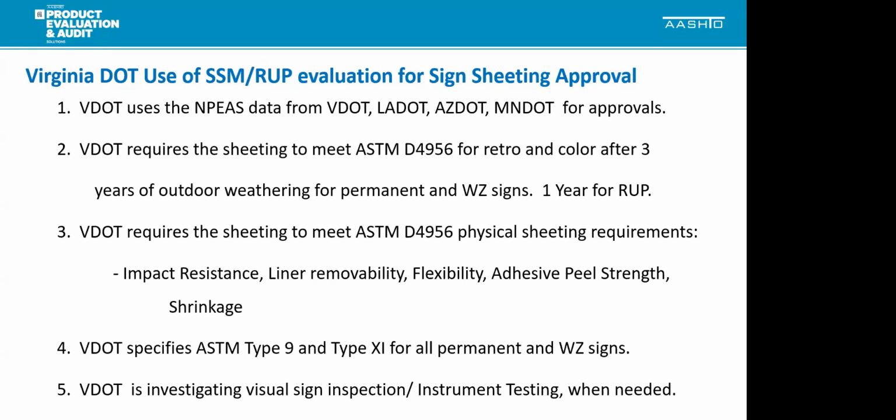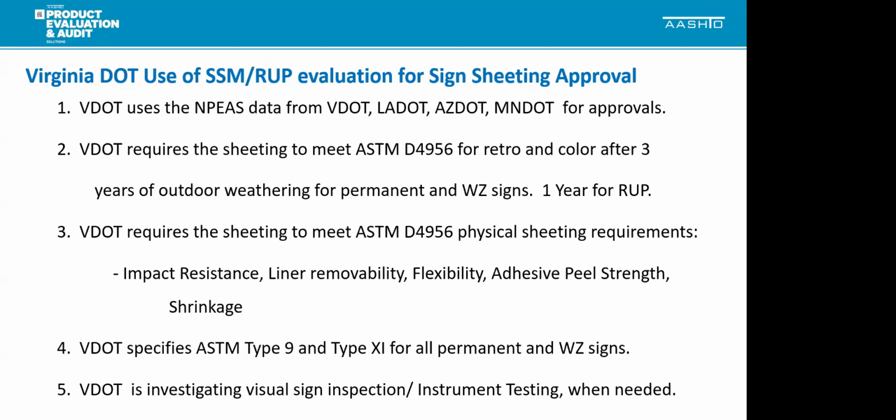Those are our main official test sites because we want to see how well this sheeting is going to do in many climates. Minnesota DOT is similar to Virginia, so we look at the VDOT, Louisiana, and Arizona data, but we do look at Minnesota's as well, just to see how they compare with Virginia.